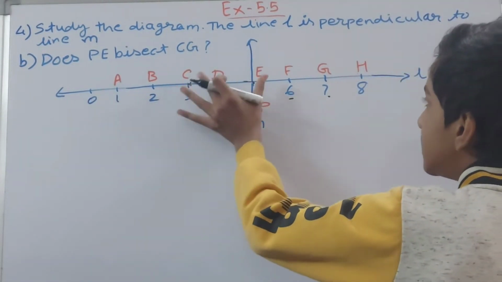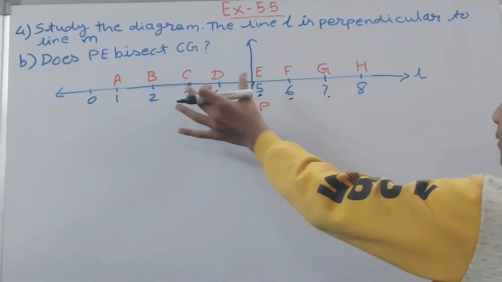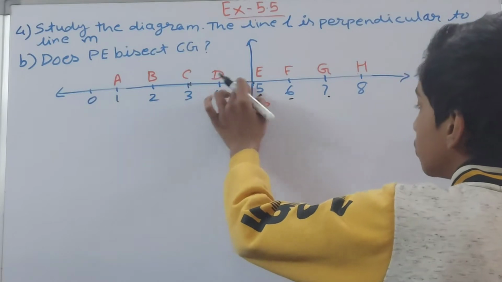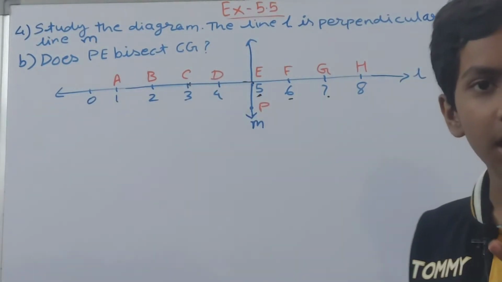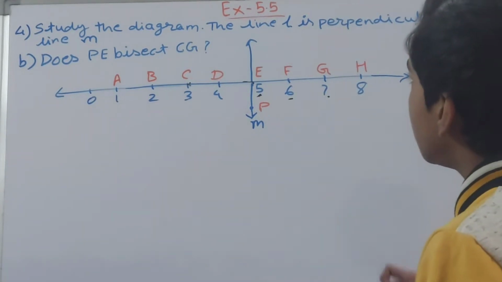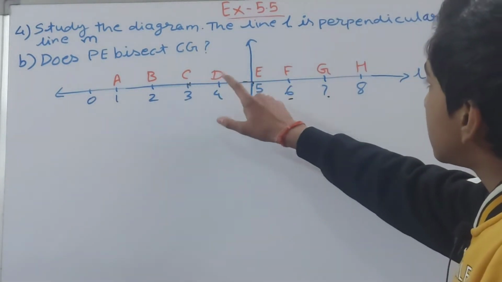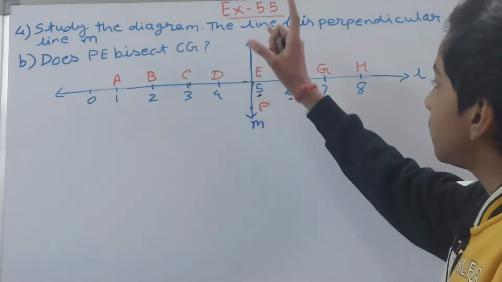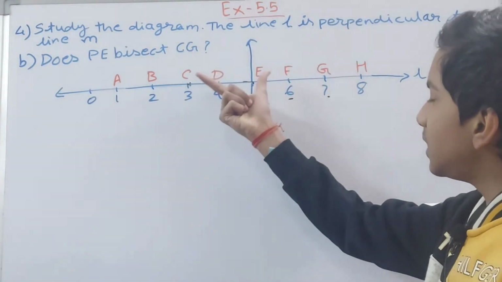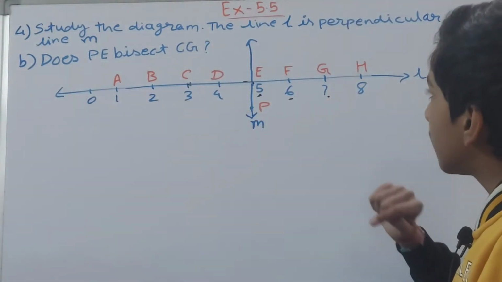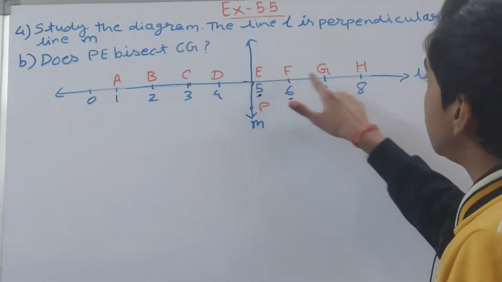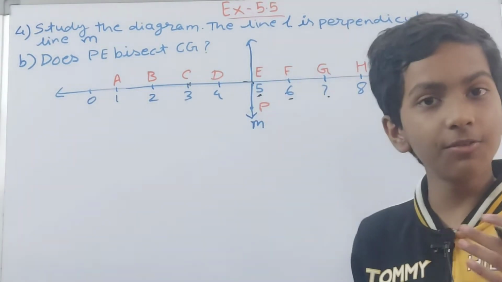CG is divided into 2 parts, CE and EG. If you count from C to E, we have 1, 2, and from E to G we have 1 and 2 units once again.